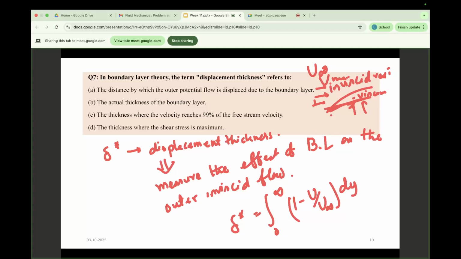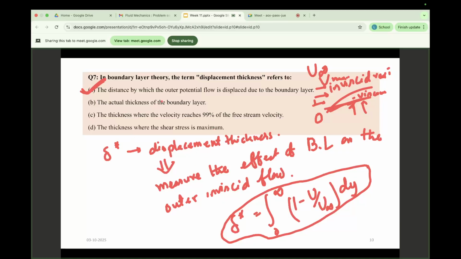The integration should be from 0, meaning this position, to infinity, where infinity refers to the inviscid region. Say up to 5 mm apart from this surface, that will be 5 here. In that way you need to find the displacement thickness. So please remember this. It will help to study the effect of the boundary layer on the outer flow. The outer potential flow is displaced due to this boundary layer. That is why option A is the correct answer.